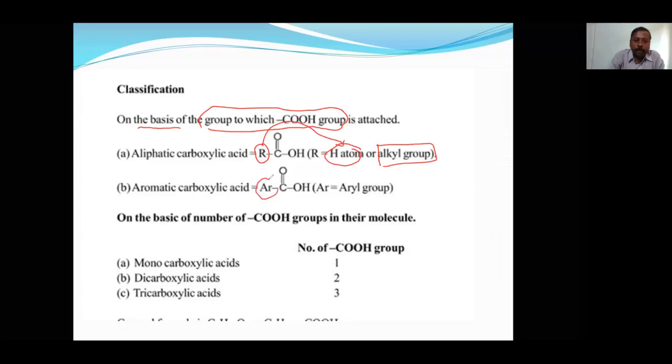And here Ar can be aromatic. Aryl means aromatic, and aromatic means benzene or anything which follows the conditions of aromaticity.